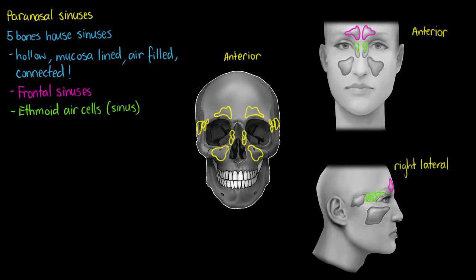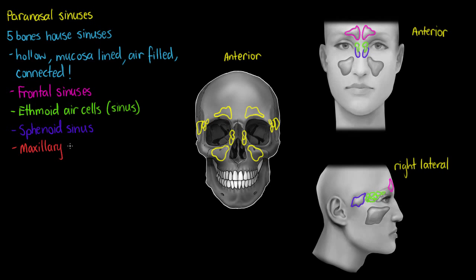So they extend posteriorly. Next is our sphenoid sinus or sphenoid sinuses, once again named after the bone they're housed in. These sinuses are quite easy to name, they're all just named after the bone they come from, and I'm outlining them now in purple. So once again, more posterior to the ethmoidal air cells, and that's our sphenoid sinus.